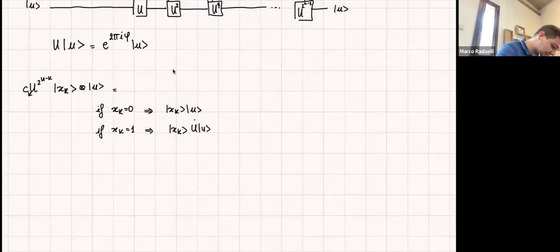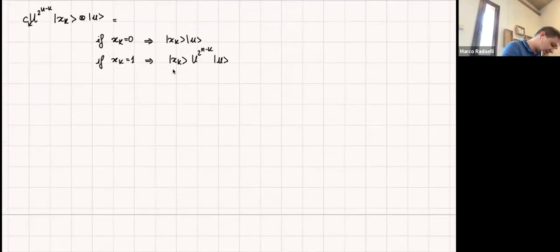Now, to write it in a quicker way, we can write controlled-U^(2^(n-k)) on |x_k⟩ tensor |u⟩.